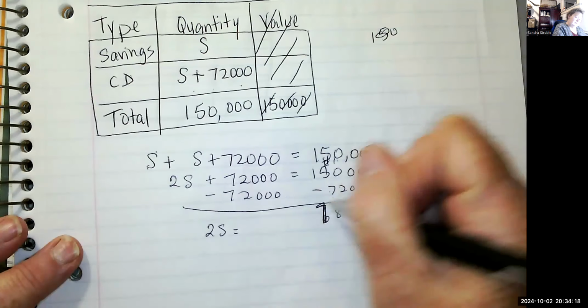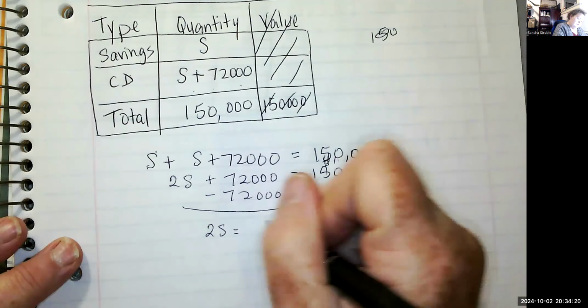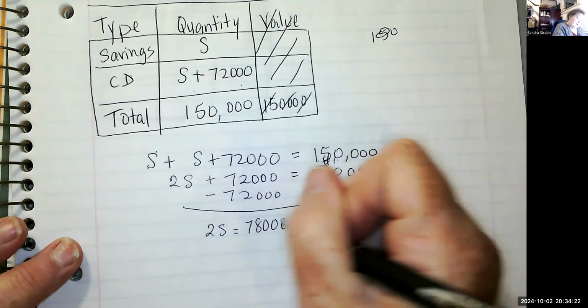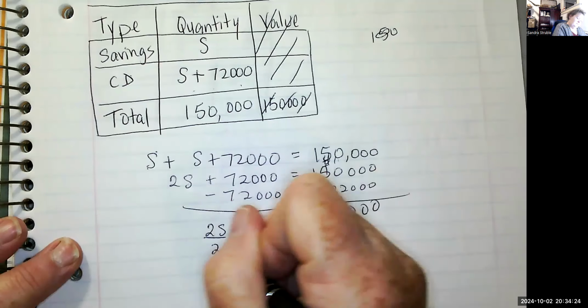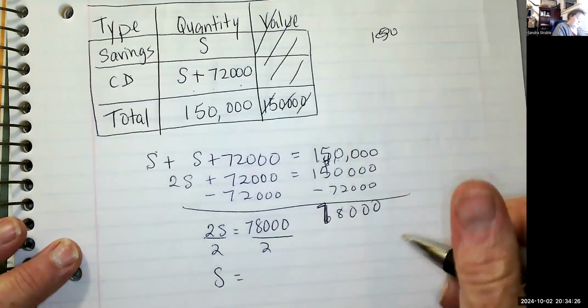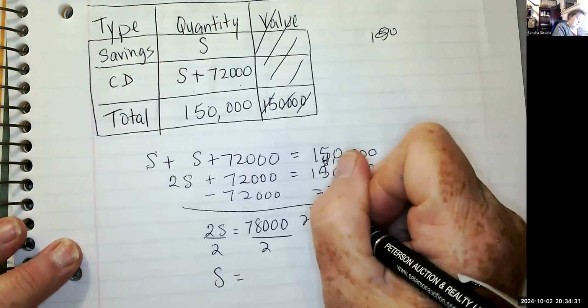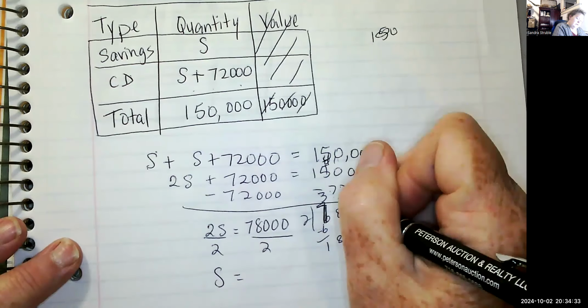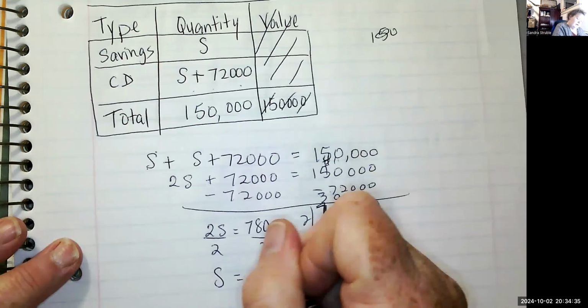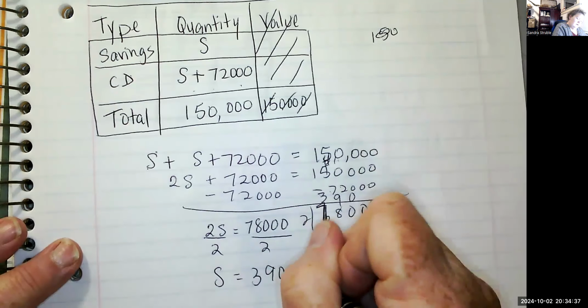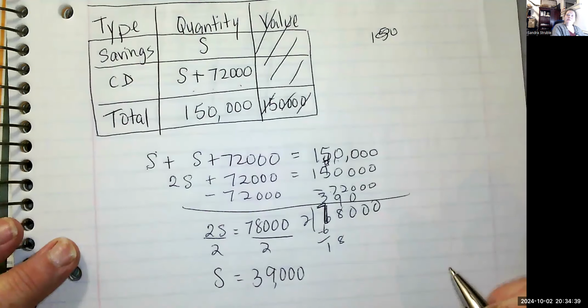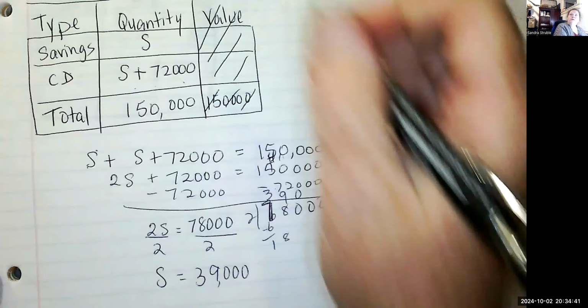Sorry, 78,000. And then we divide both sides by 2. And S is equal to 39,000 is how much she invests in savings.